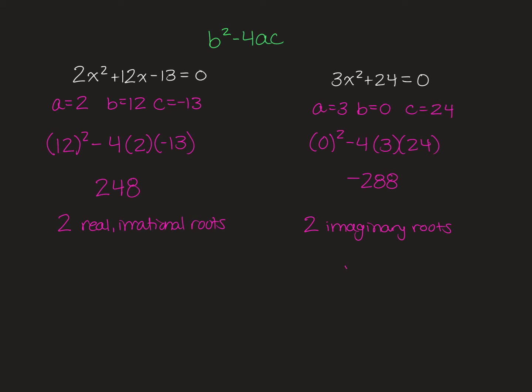This is because we will try to take the square root of negative 288. Whenever we do that, that negative needs to come out of the square root as an i. So that's what gives us our imaginary number, because of that negative.